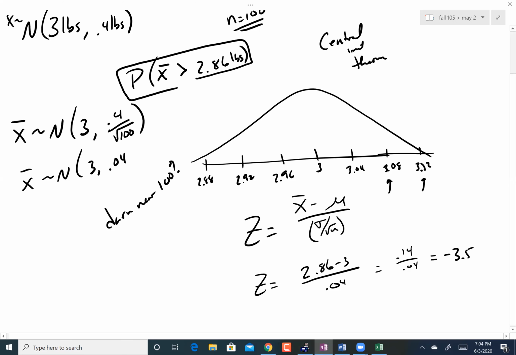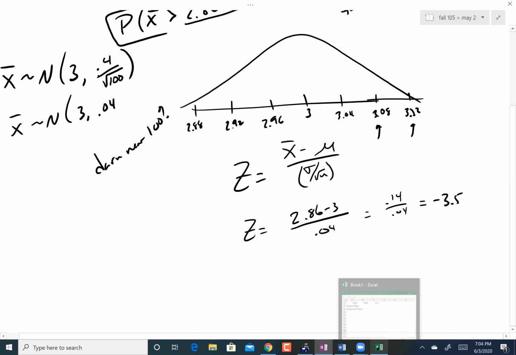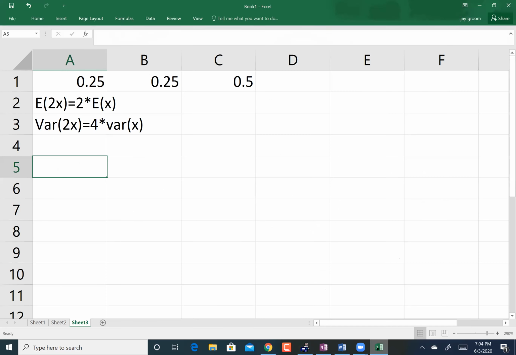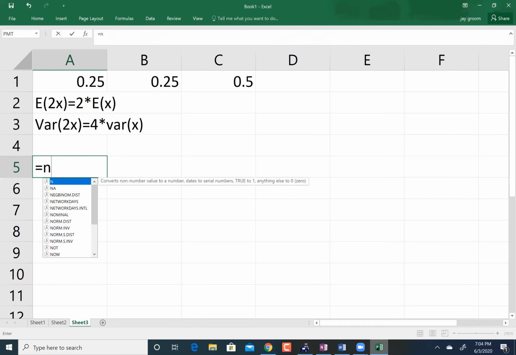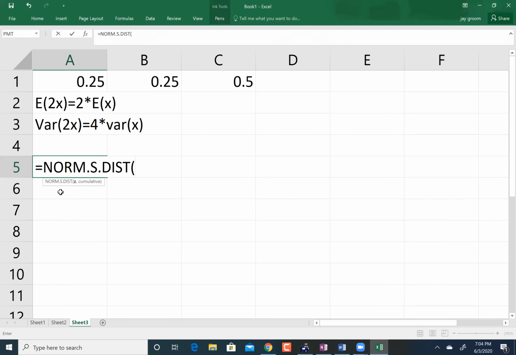Okay. So in Excel, I'm going to say equals NORM.S.DIST. Remember, that's standard normal. Okay. Negative 3.5, comma 1. Right? Now, what did that just tell us? That's the probability that X is less than or equal to that value.